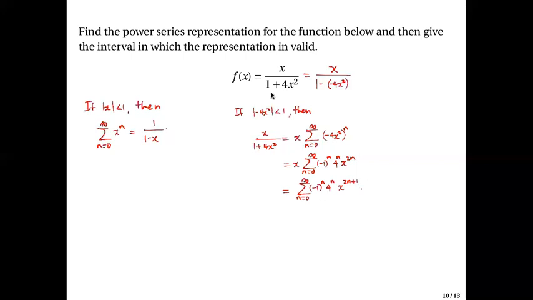So again, this power series is valid when this inequality is true. If you calculate this and write the interval, this is valid for x inside the interval negative 1/2, 1/2. Okay.